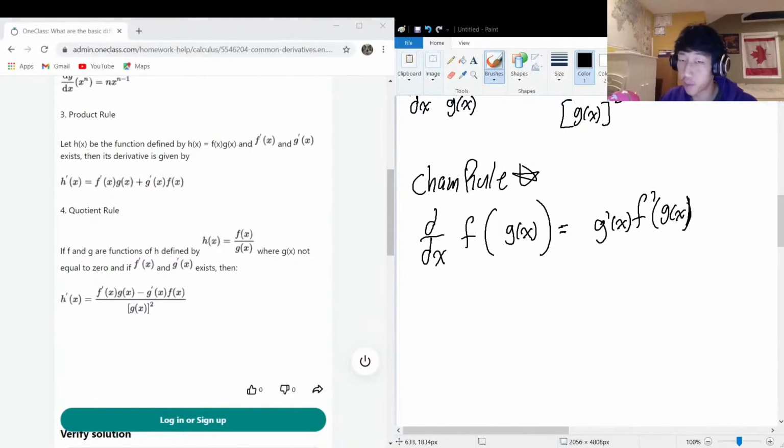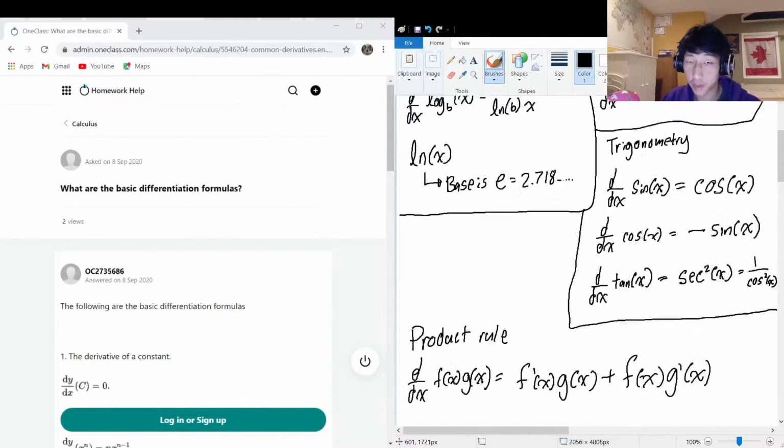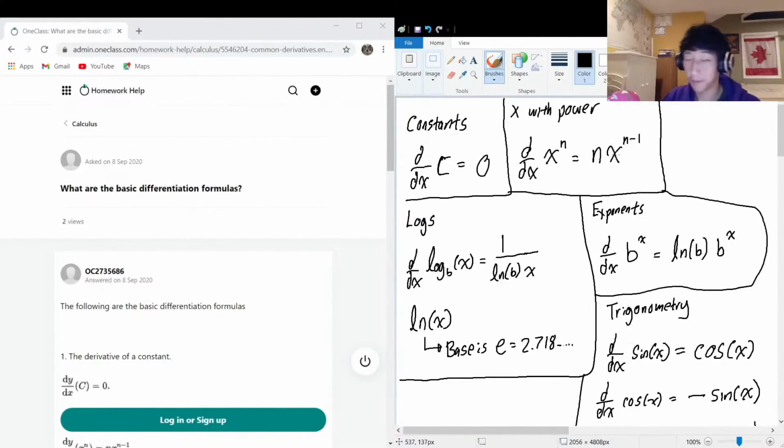You're going to take the derivative of f, but the inside is going to be the same. And then you just got to multiply the whole thing by the internal derivative, the derivative of g of x. So these are the basic differentiation formulas. It's not that many to remember. And if you know these, all the derivatives will assemble themselves.